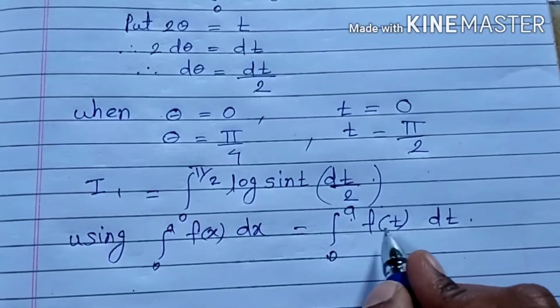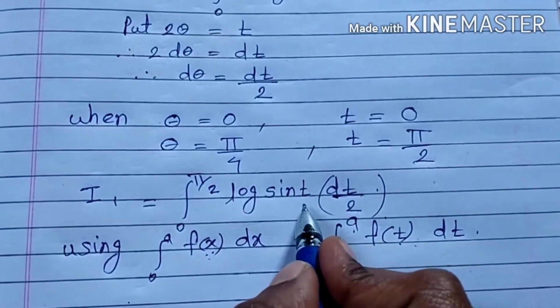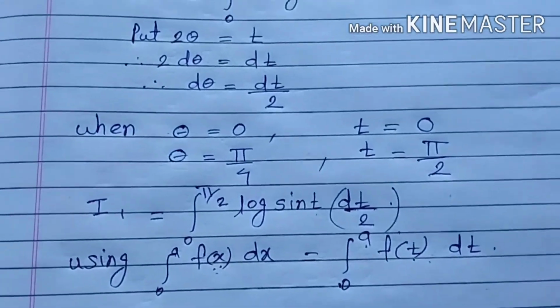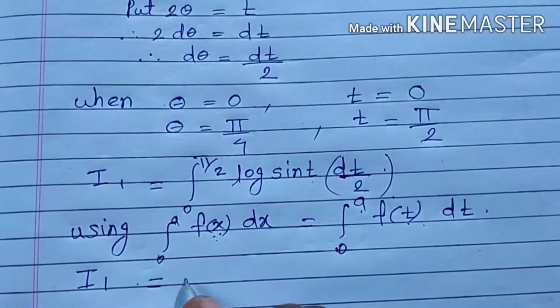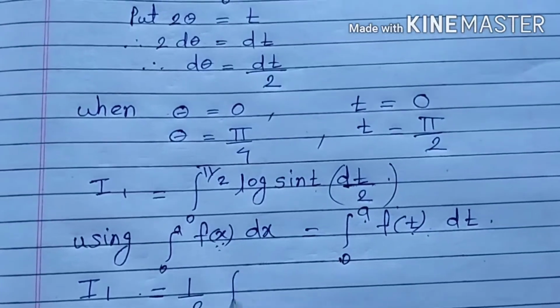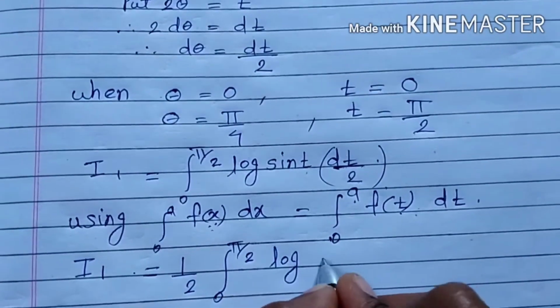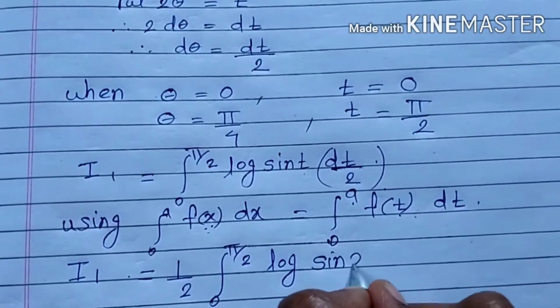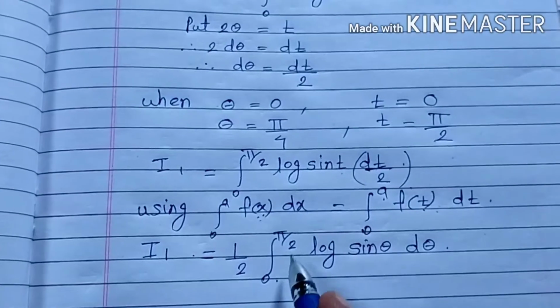Using this change of variable property, I1 is equal to, with 1 by 2 common, integral from 0 to pi by 2 of log of sin theta d theta.